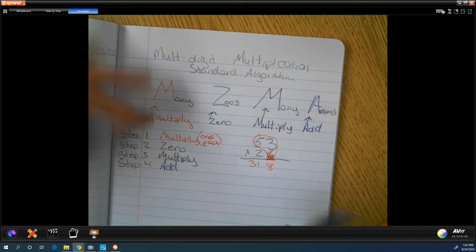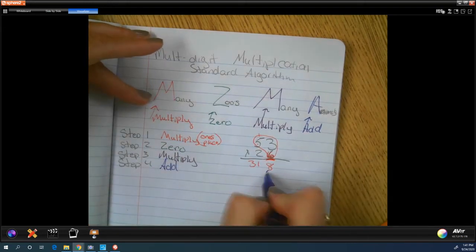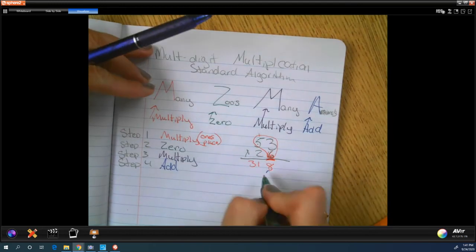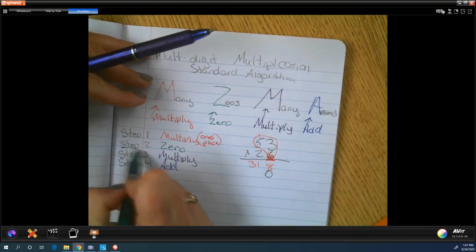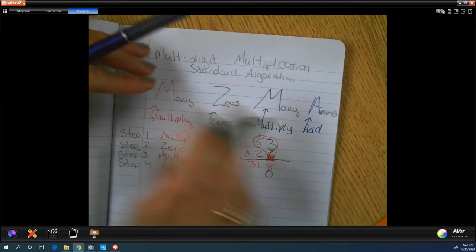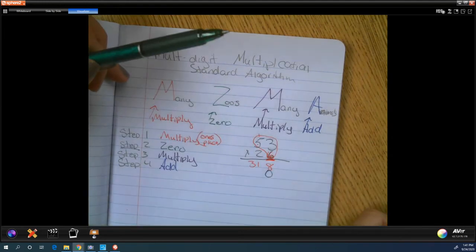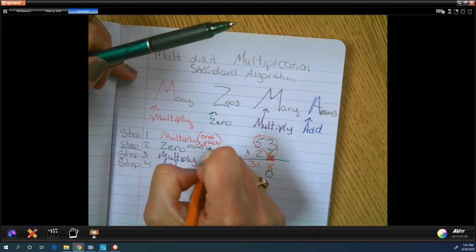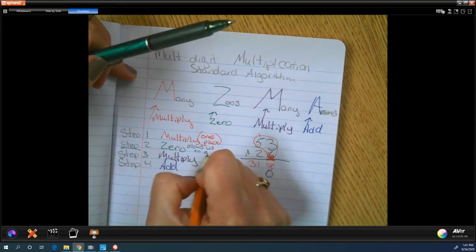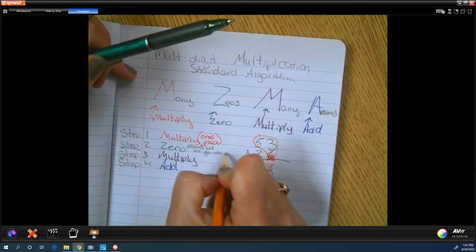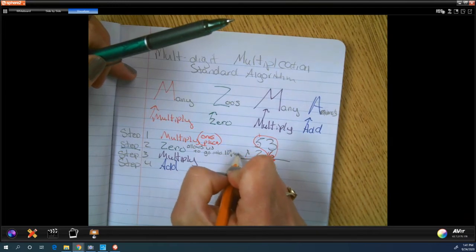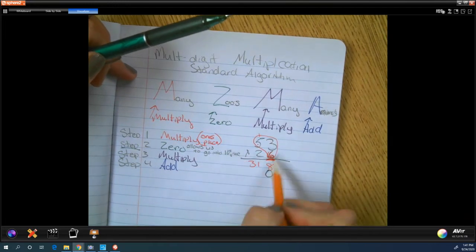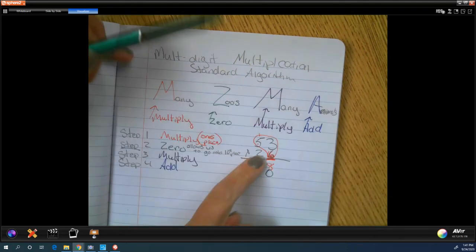Now I'm going to add a 0. That's step 2. We're adding a 0. The reason that we're adding a 0 is because this allows us to go into tens place, right? We have to add a 0 because we can't just ignore that 2.